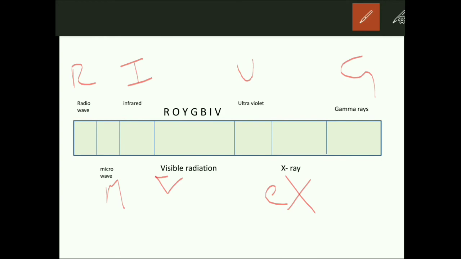If you remember this, you will learn a pattern, and it will be easy for you to understand the pattern of the spectrum. Radio wave, microwave, infrared, visible, ultraviolet, X-ray and gamma ray. After radio wave there is microwave, after microwave there is infrared, just after infrared there is red, then orange, yellow, green, blue, indigo, violet.